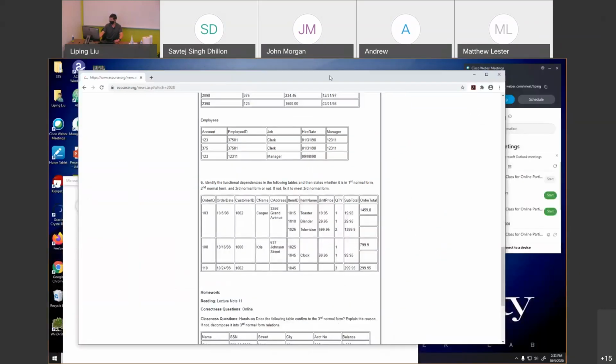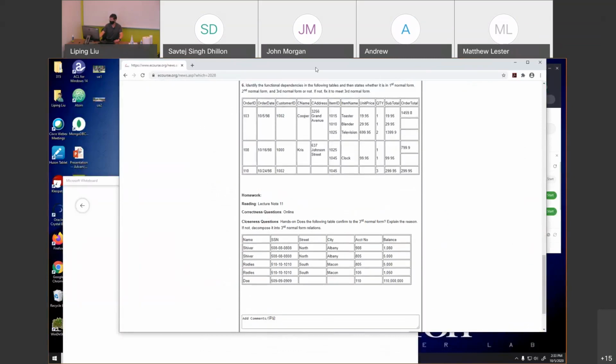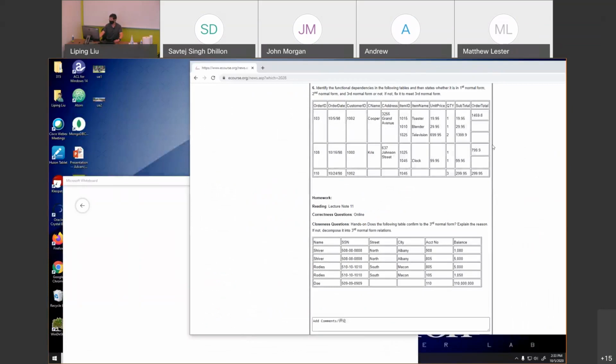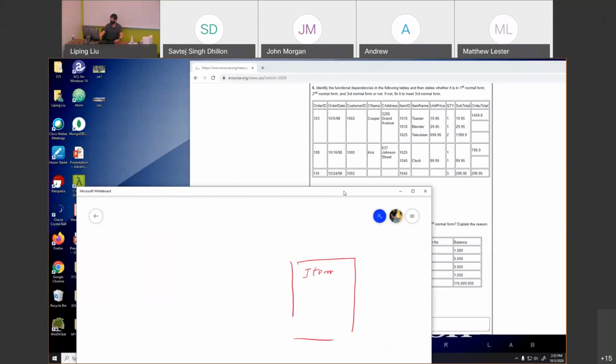Okay, so you see the table, and then I'm going to show how the weak entity will look like here.